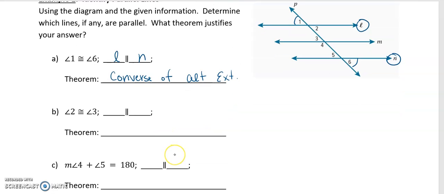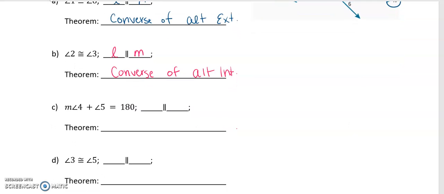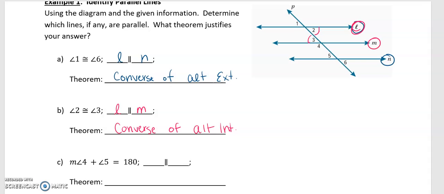Let's take a look next at 2 and 3. The lines that would be parallel would be L and M by the converse of alternate interior angles, and you can add the word angles. All right, next we have 4 and 5.